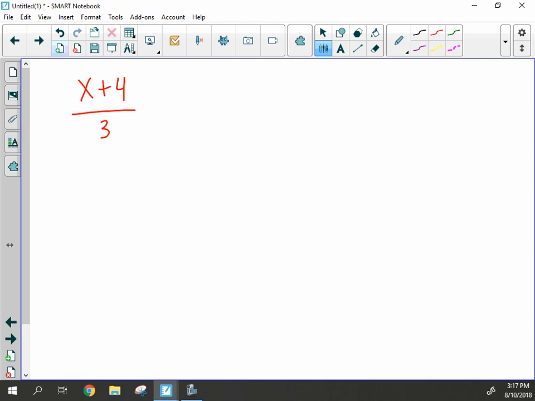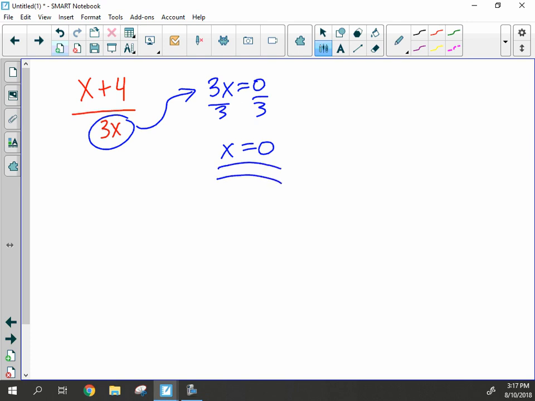Now, if I was to take the 3 and put an x next to it, let's say that was the original problem, now we have an issue. So how do you find the bad number? You take this guy, set it equal to 0, and solve. So x equals 0 is the bad number. So x equals 0 is not in the domain. Every other number would work if we plugged it into the calculator, except this one right here.